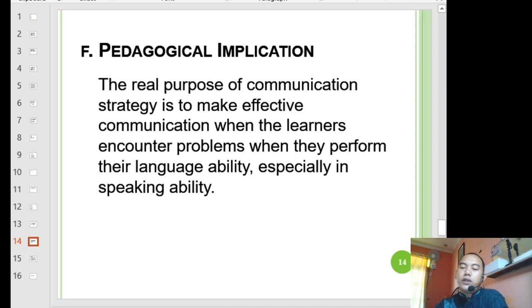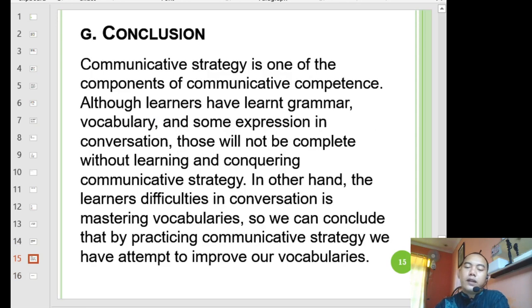Such instruction could include the specific teaching of communication strategies, which involve various verbal and non-verbal means of dealing with difficulties and breakdowns that occur in everyday communication. In conclusion, communication strategy is one of the components of communicative competence.